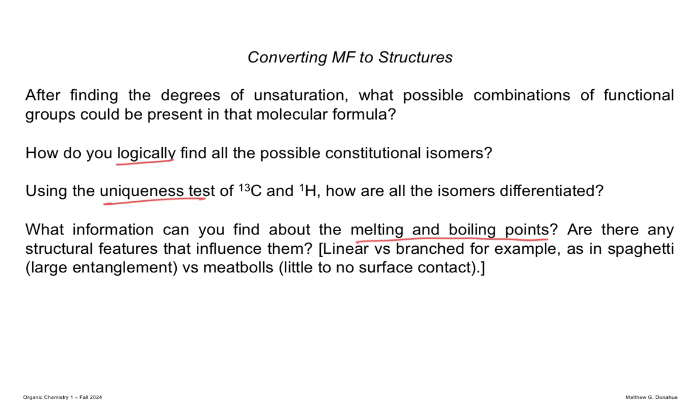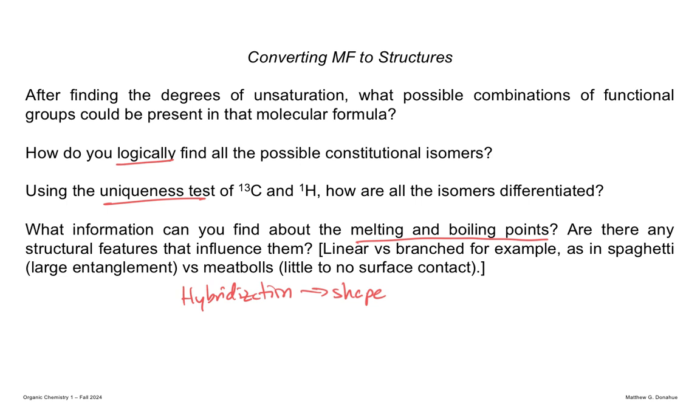Let me just write a quick note. Hybridization of the carbons gives it a shape. You have these overall shapes. Are things linear? Are they more spherical? Those are the explanations for how melting and boiling points differ.